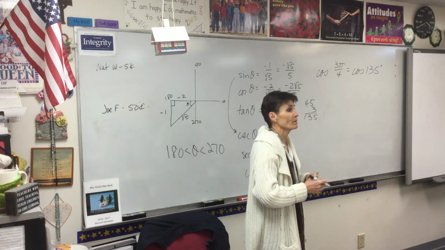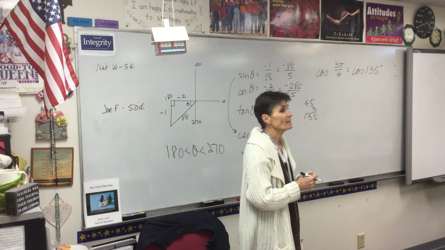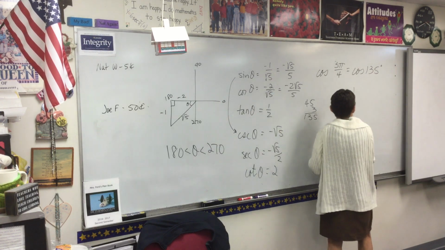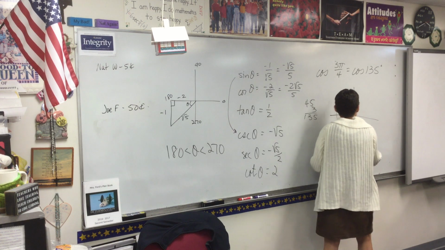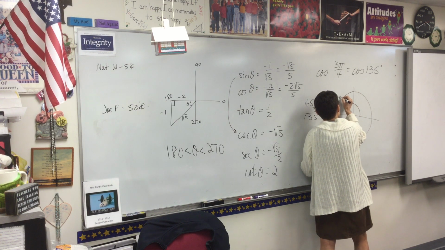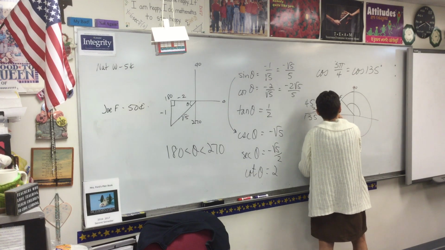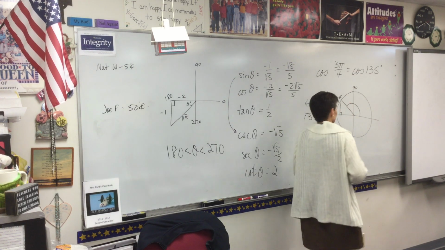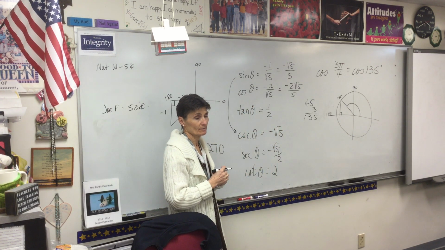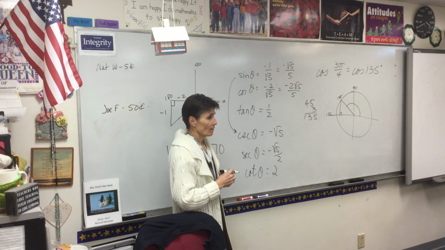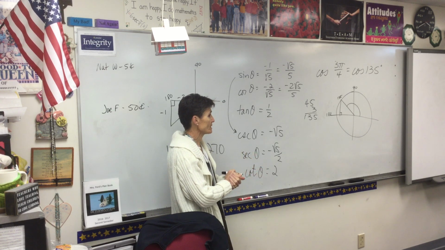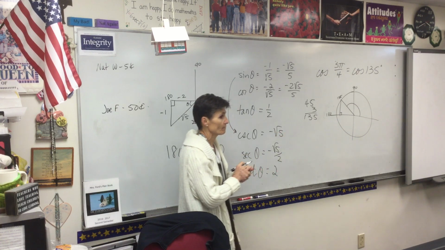They think I'm done. 135 is not the answer. We need to find the cosine, which means we need to draw our picture, build our triangle, and find the sides of that triangle. So 135 is the first step, but it's only the first step. You have to keep going.